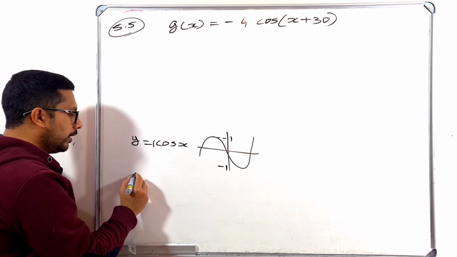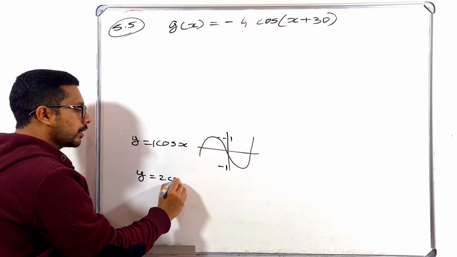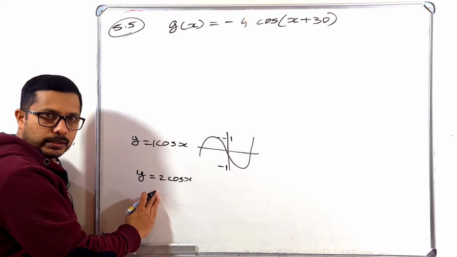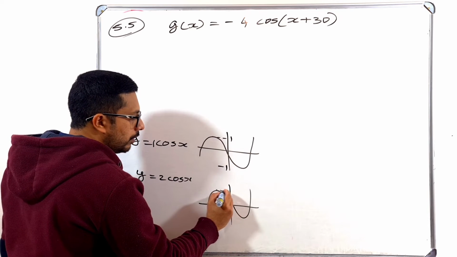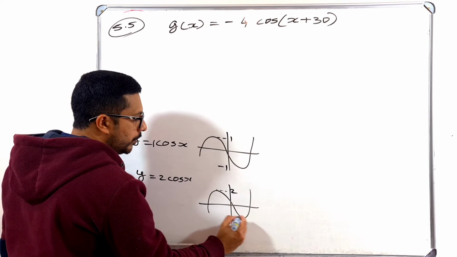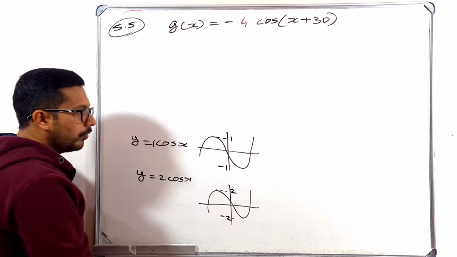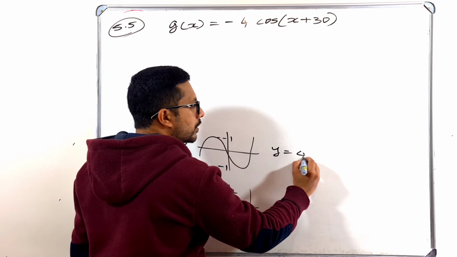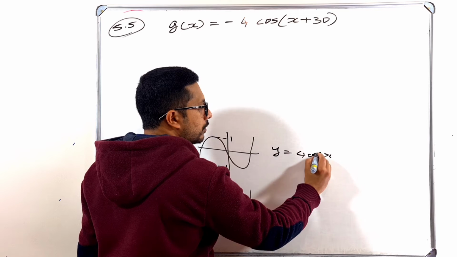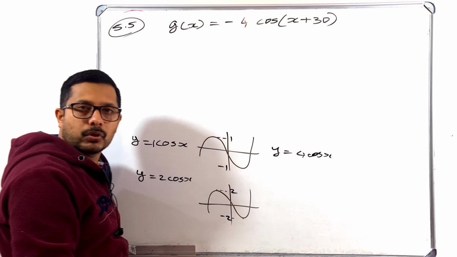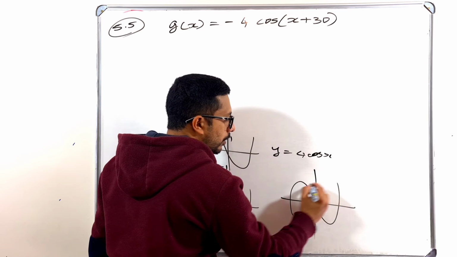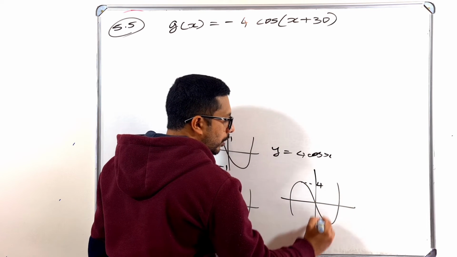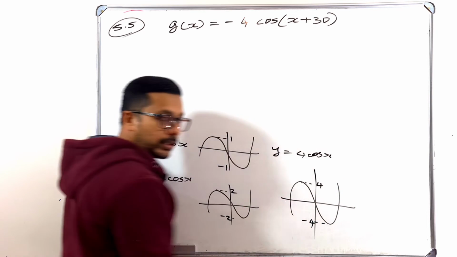Then if y is equal to 2 cos x, the amplitude is 2, the maximum value is 2 and the minimum value is minus 2. Y is equal to 4 cos x, then the maximum value is 4 and the minimum value is minus 4.